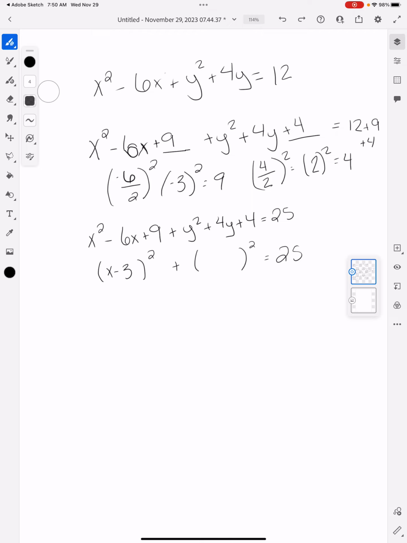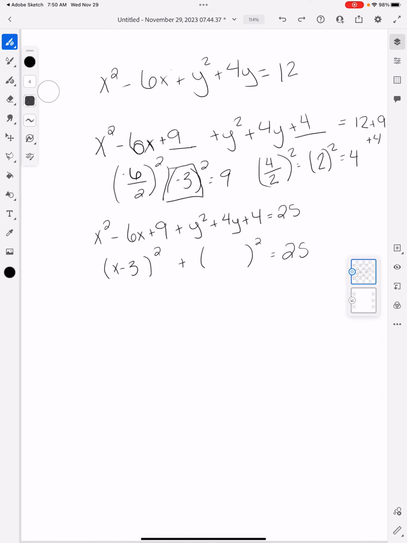There's a couple of quick pro tips here. If you go back to this step, whatever is inside of this parentheses is what it's going to factor to. So this is negative 3, so it's going to factor to x minus 3. This is a positive 2, so this is going to factor to y plus 2.